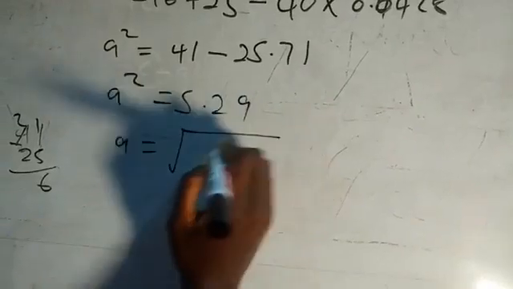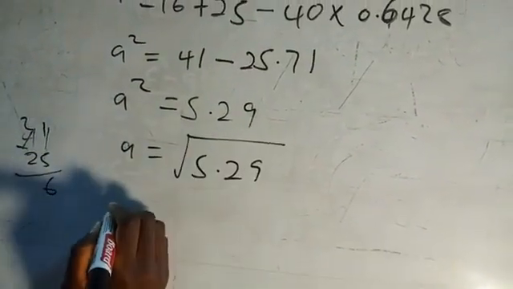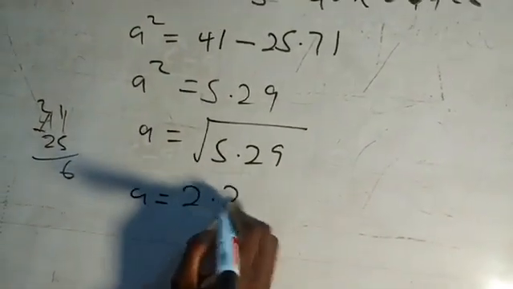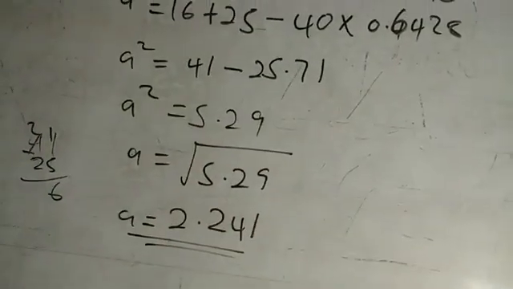Applying a square root on 5.29, it will be 2.241, which is your side.